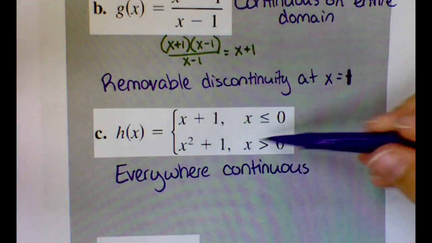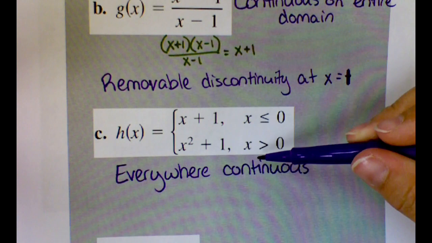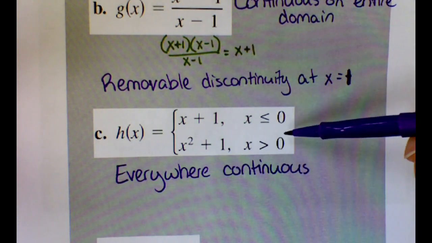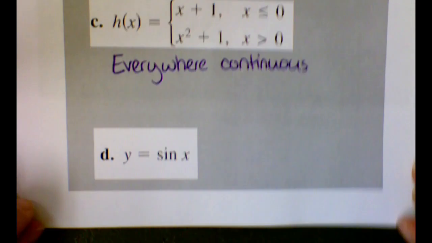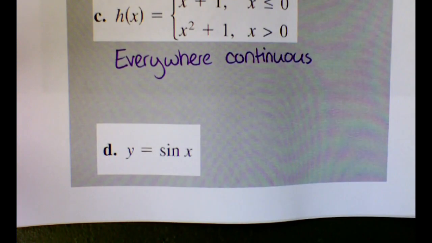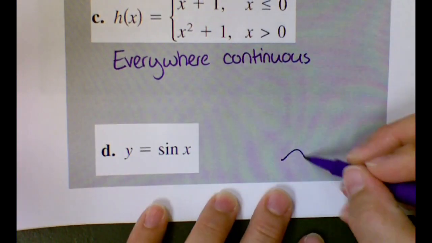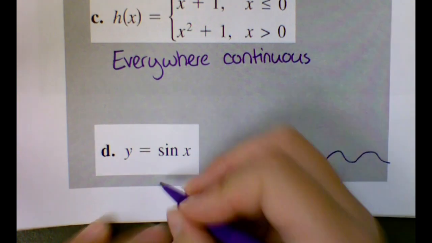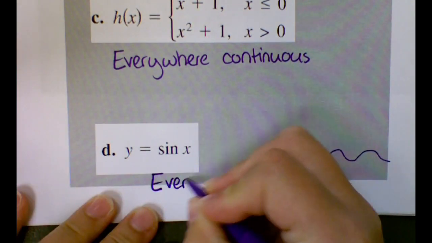Even though I can't actually plug 0 into the bottom portion of this function, if the two sides match up, then it's continuous. And then we have y equals sine of x. If you remember sine of x, it looks like this, right? Ooh, my really good, super fast sketch. That is everywhere continuous also.